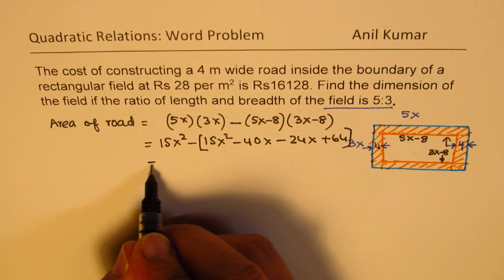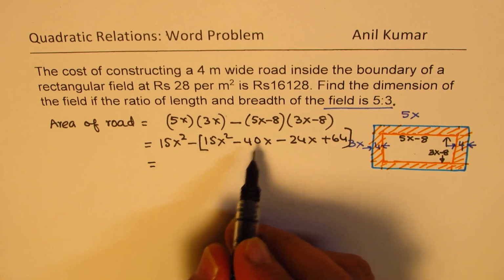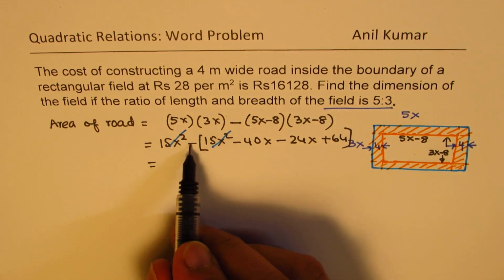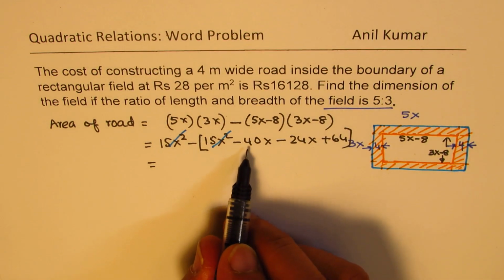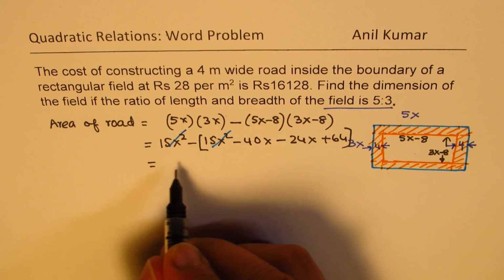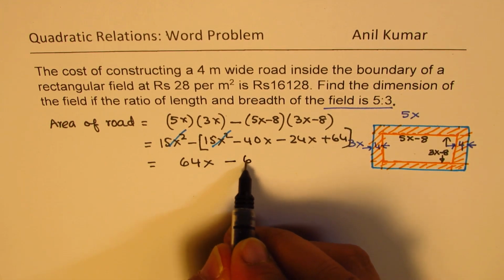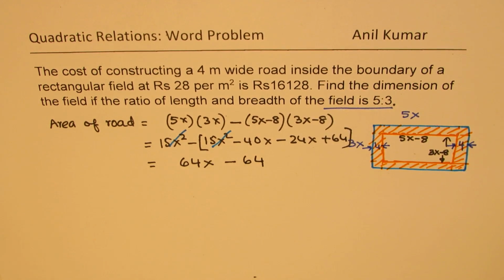Okay. So when you open the bracket, these two cancel away, right? So minus will change all the signs. We can add these two. We get 64x, and we have minus 64. So that is the area of the road.